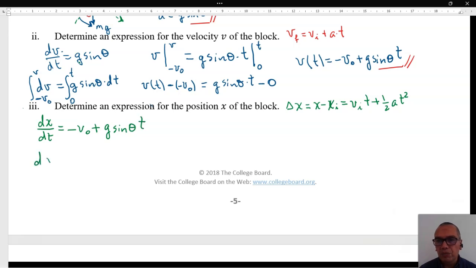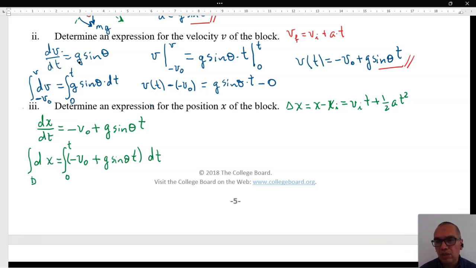Therefore, the differential of position is equal to negative v naught plus g sine of theta t dt. Once again, from there, you have to integrate over an interval from time 0 to some later time t. And now, what is the position at time 0? Well, that's just d.